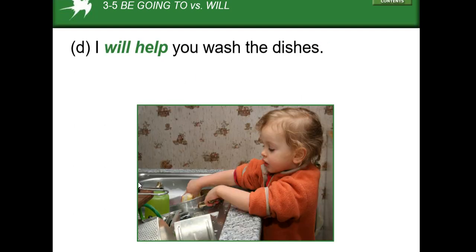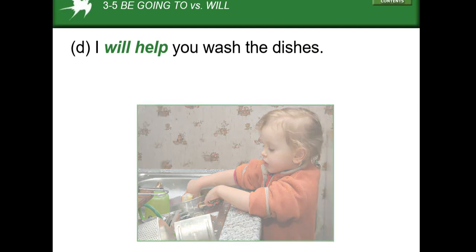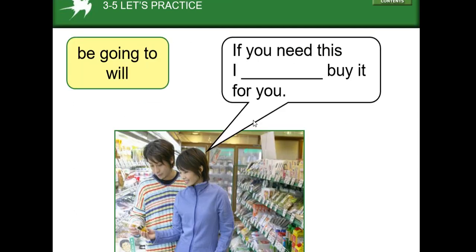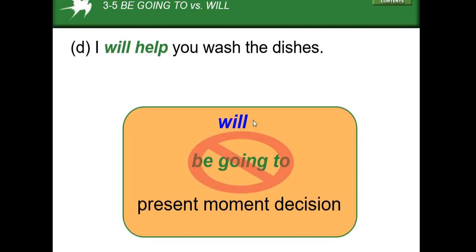Next example. I will help you wash the dishes. So in this case, it is a present moment decision. When you make a decision at the moment, you have to use will, okay? Not be going to, because it is not a plan.